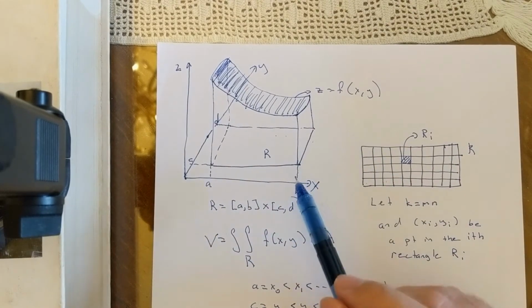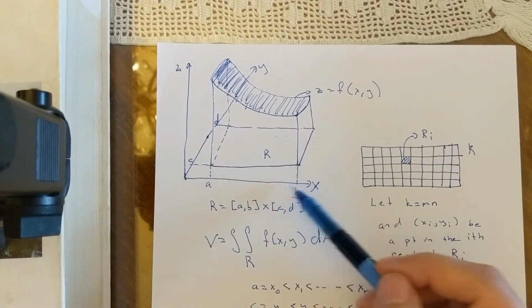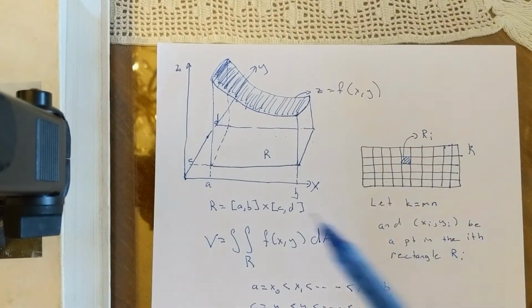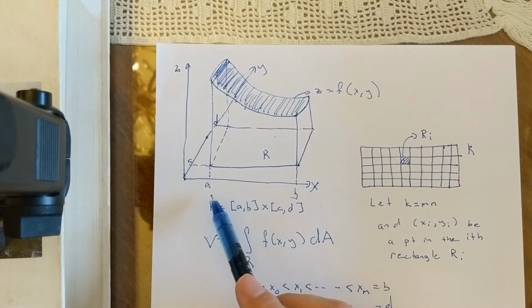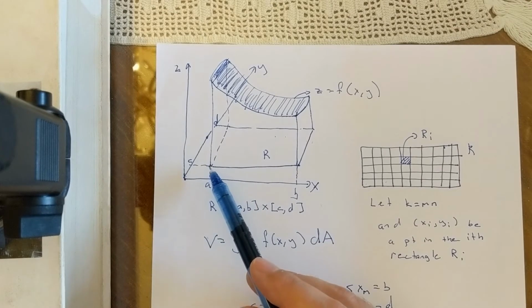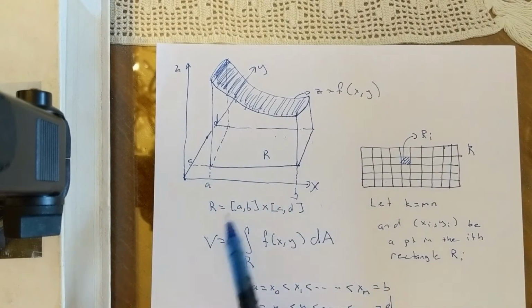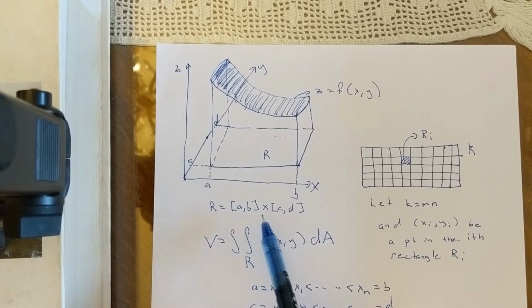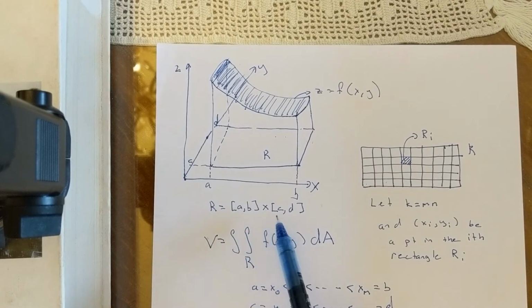I drew the x, y, z axes. x is going in this direction, y is going in this direction, z is going up as usual. The slide is going to be over the rectangular box. The x coordinates range from a to b, and the y coordinates range from c to d. So I said the region is [a, b] times [c, d], a rectangular region.